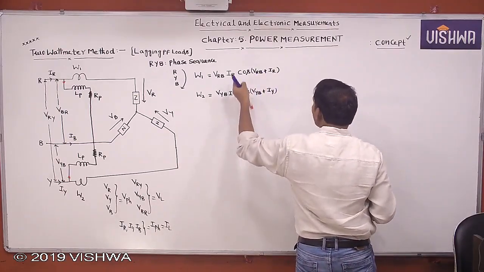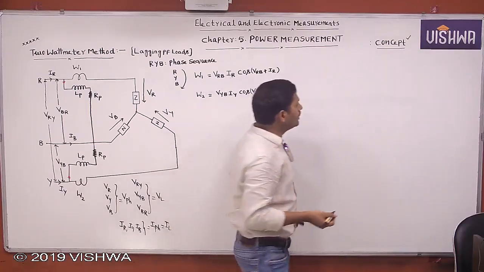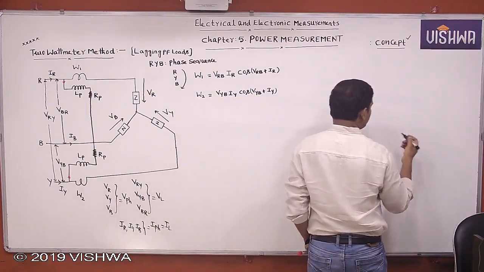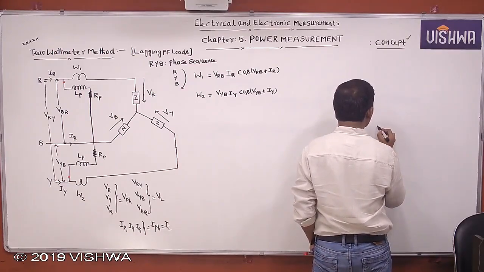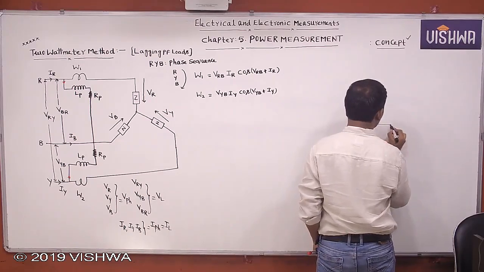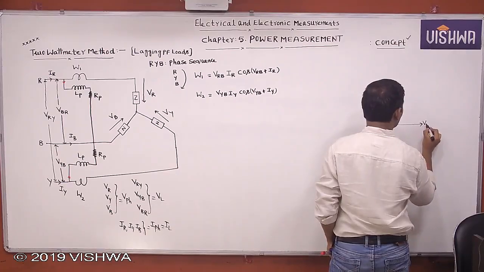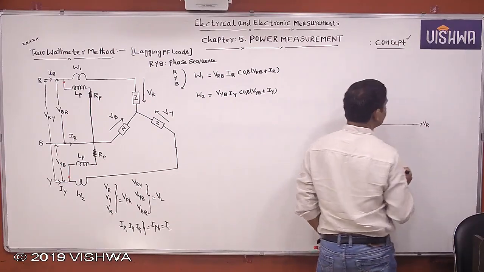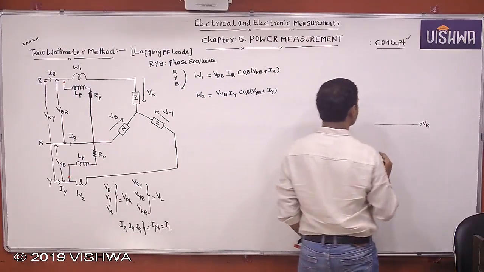We know that in a three-phase system, all the phase voltages are displaced by 120 degrees. This is VR.